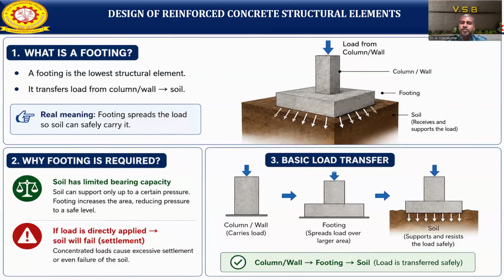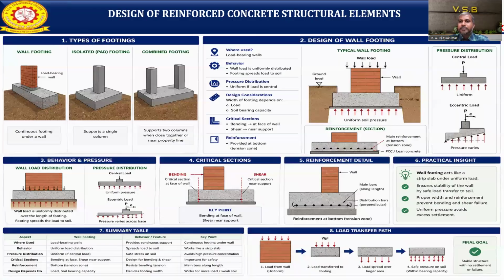The column or wall loads will be carried, and that total load is spread to the footing. The footing is a large load area, so the spreading gives the load to the soil. The soil supports and resists the load, and then the structure above the footing will be safe. So from column to footing to soil, the load is transferred safely. That's why the footing is essential for any building.